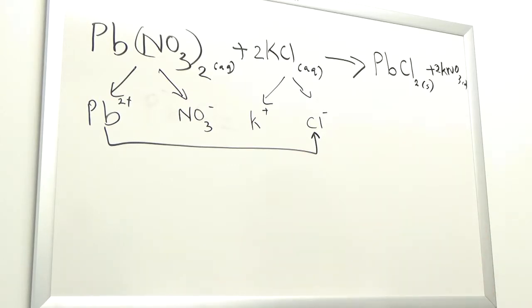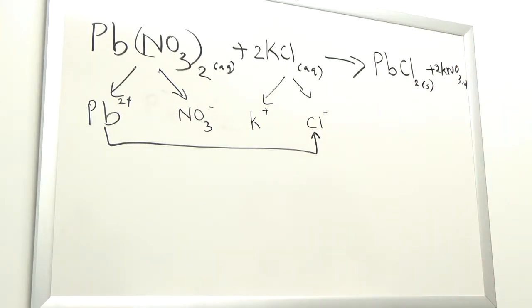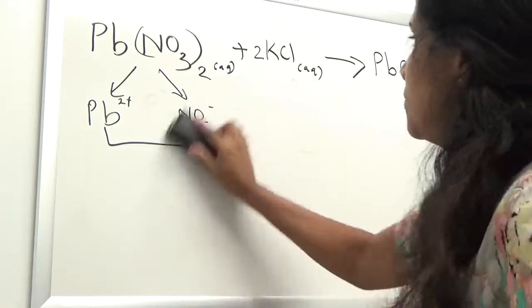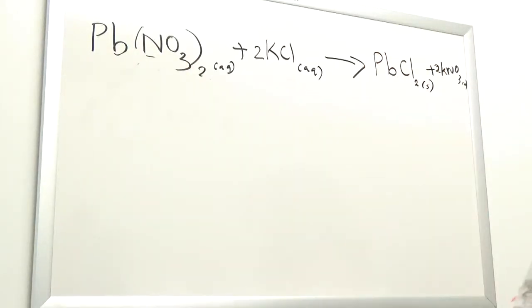Once you write the molecular equation, you can use it to write the complete ionic equation. So in the next step, let's see how to write the complete ionic equation. I have the balanced equation of the reaction between lead nitrate and potassium chloride.